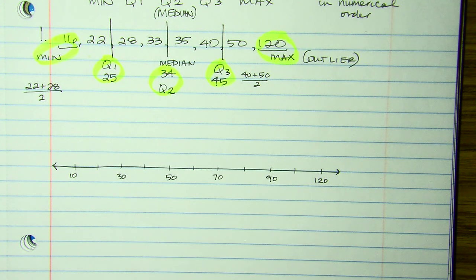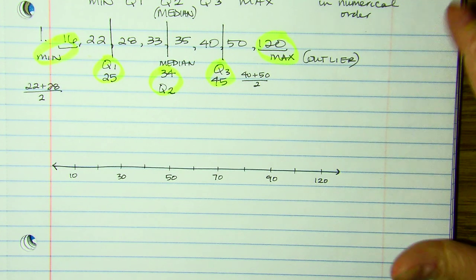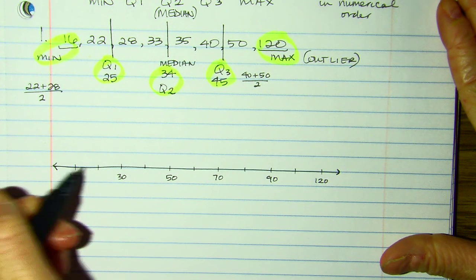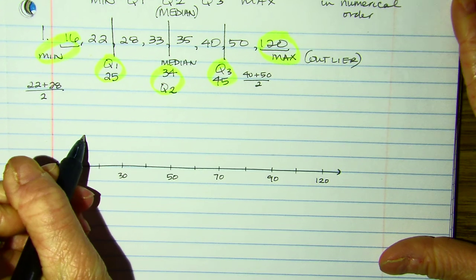Okay, and so above the number line, don't draw on the number line, I'm going to plot my data. So if this is 20, then 16 would be a little over halfway.